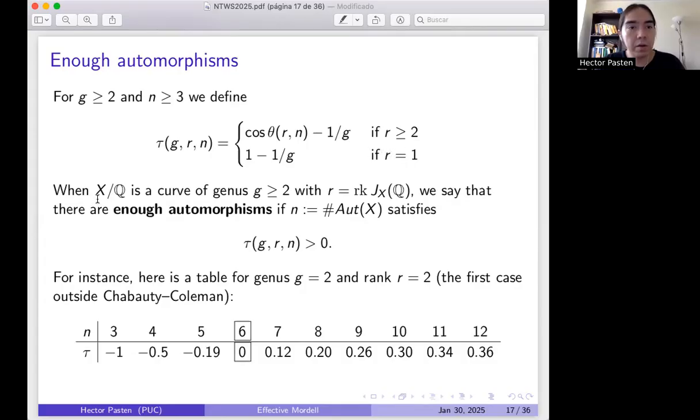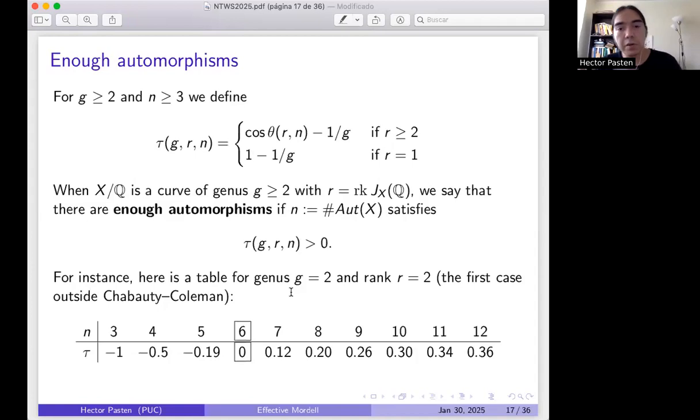So when the curve X has genus g and the Jacobian has rank r, I'm going to say that we have enough automorphisms if, taking little n as the number of automorphisms, this tau parameter is strictly positive.